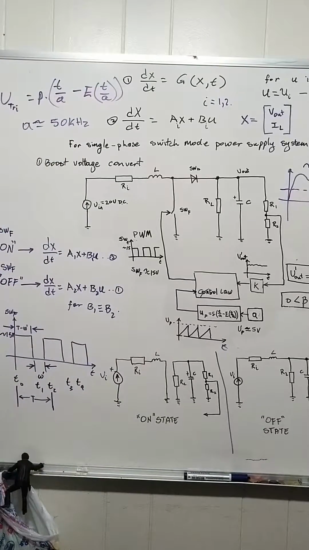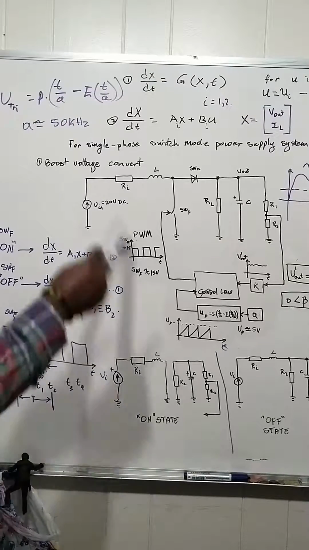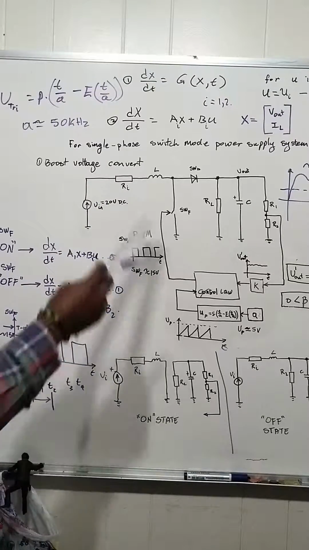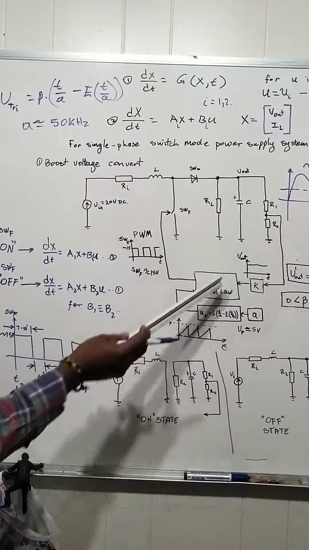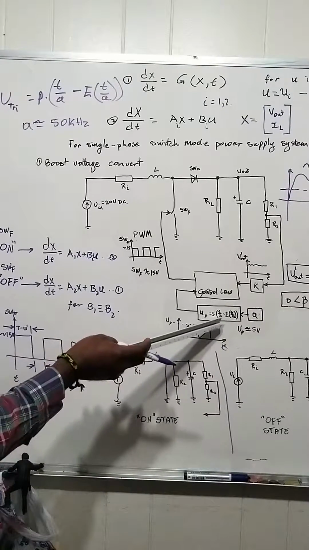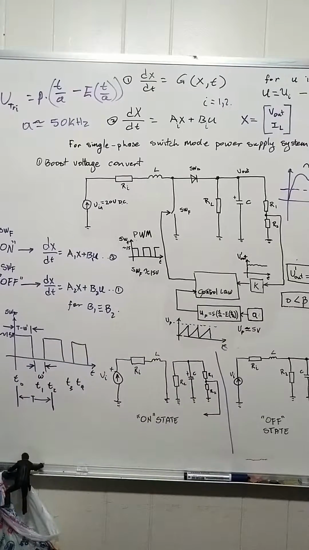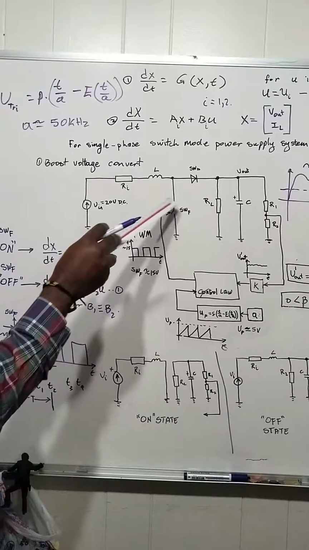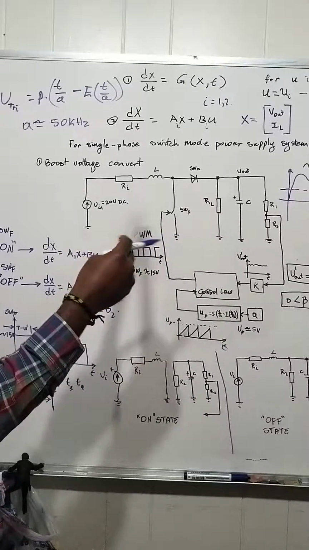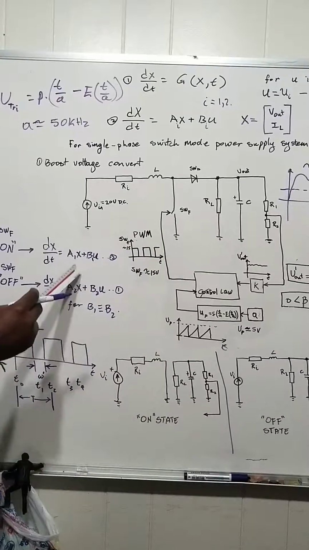A very quick look at the boost converter. And we looked at the circuit itself. We looked at the control law. Inside here is basically the difference between these two, as I mentioned earlier on, right? And that allows the pulse width modulator to keep this switching on and off, on and off. And you generate these states.